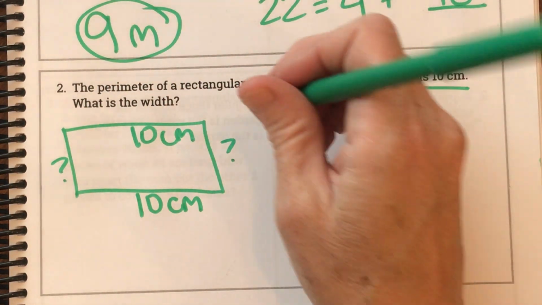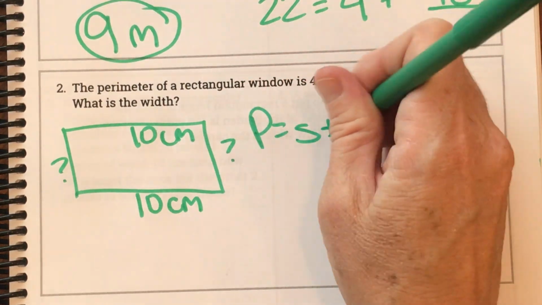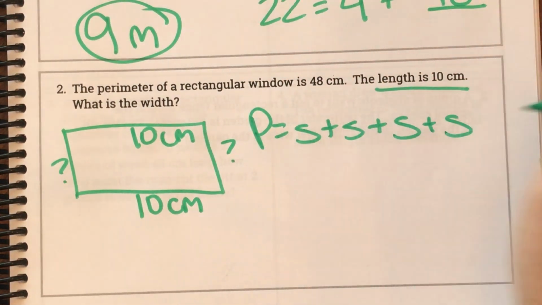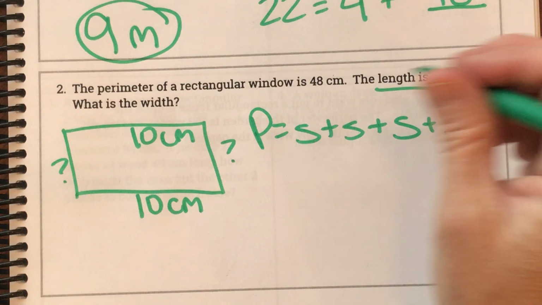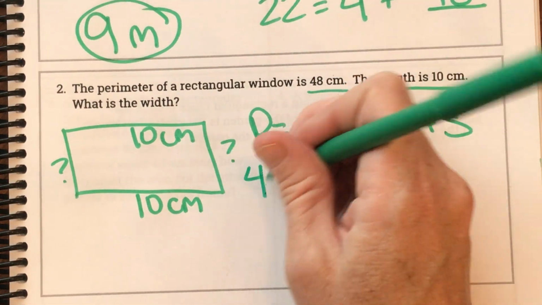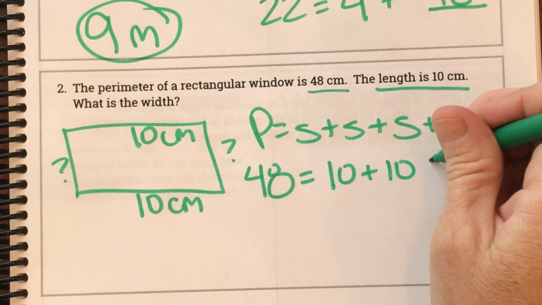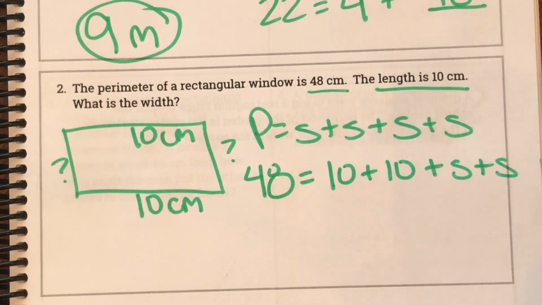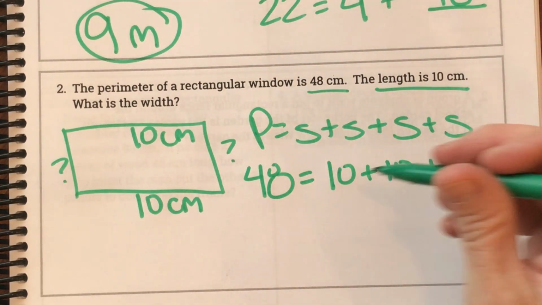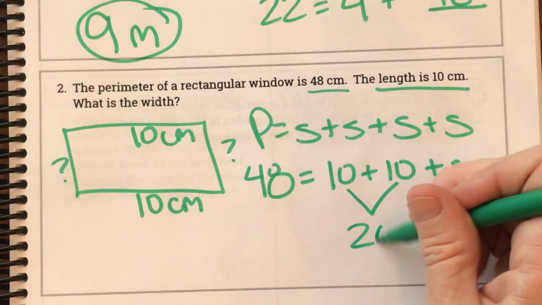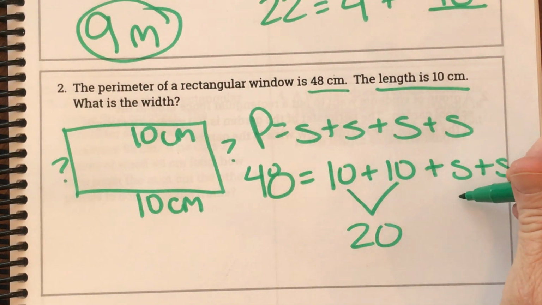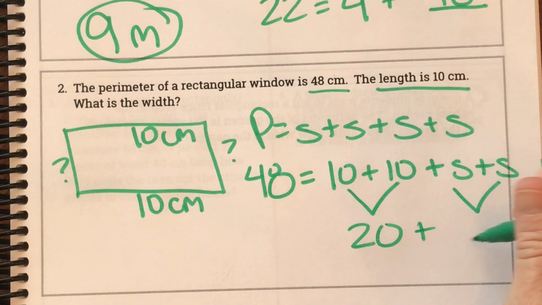Okay, so let's write our formula. Perimeter equals side plus side plus side plus side. And we know the perimeter is 48. And we know two sides are 10, but we don't know two sides. Okay, so we know that equals 20, but we don't know what that equals.